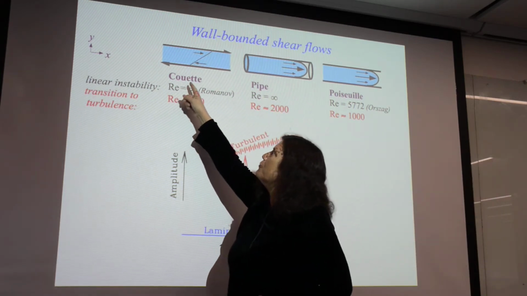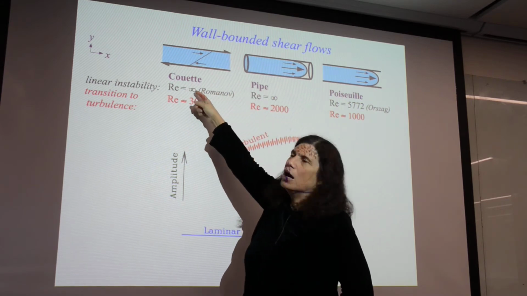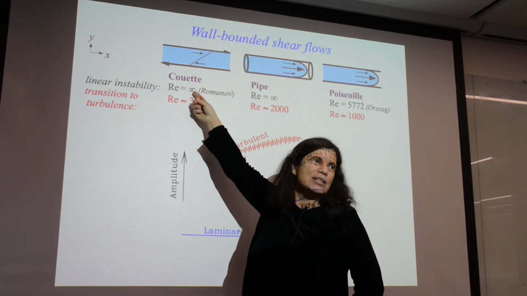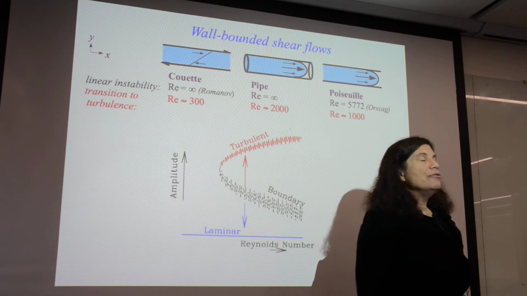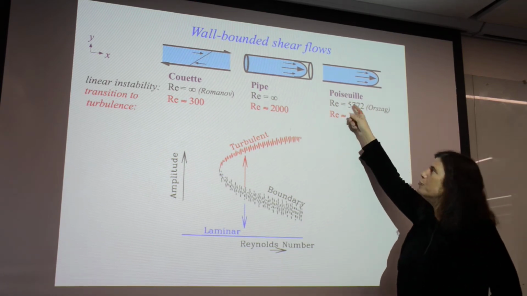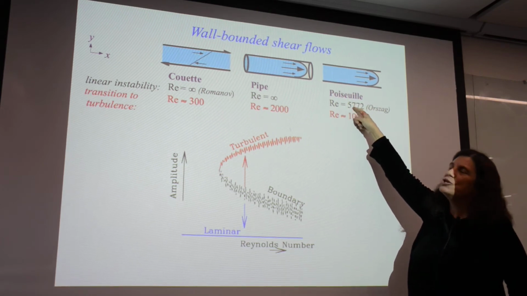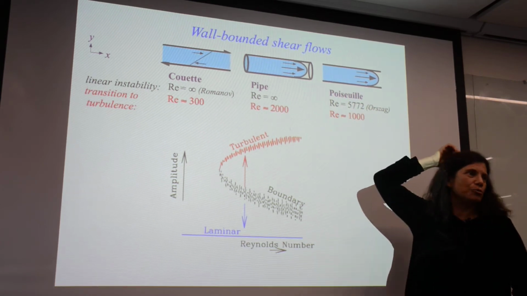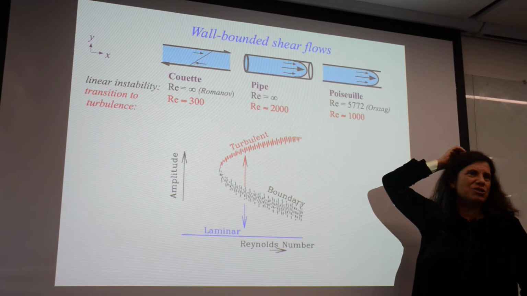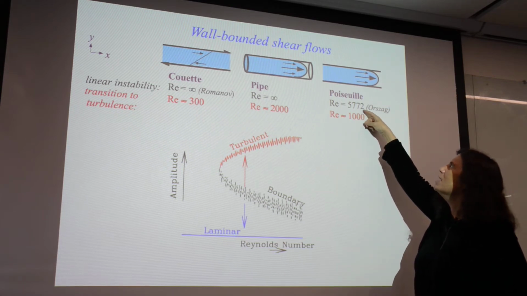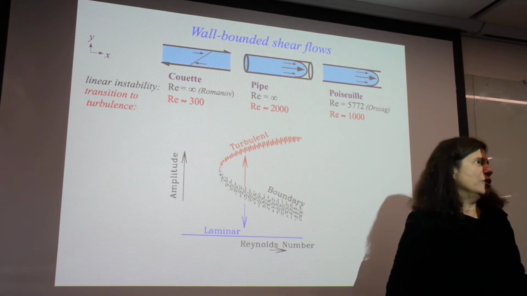The linear instability for plain Couette flow or pipe flow, there isn't any. That's why I wrote Reynolds number equals infinity. There is one for plain Poiseuille flow, but in fact, it occurs at a much higher Reynolds number than the transition to turbulence. And it's recognized now that these two things really have nothing to do with one another.